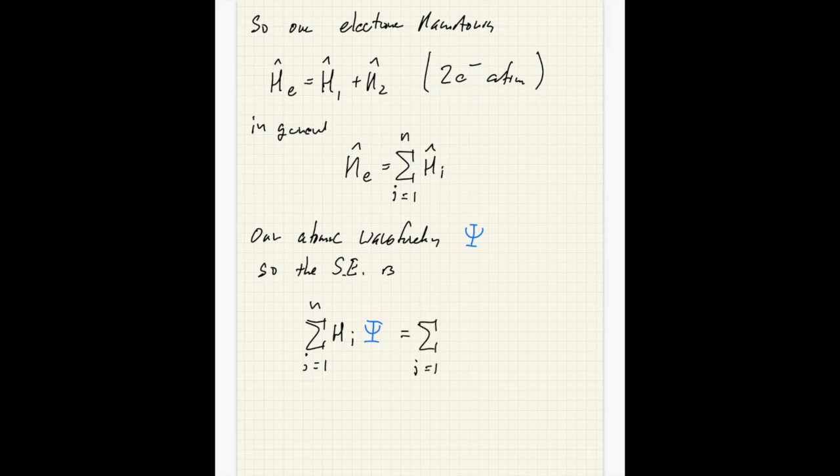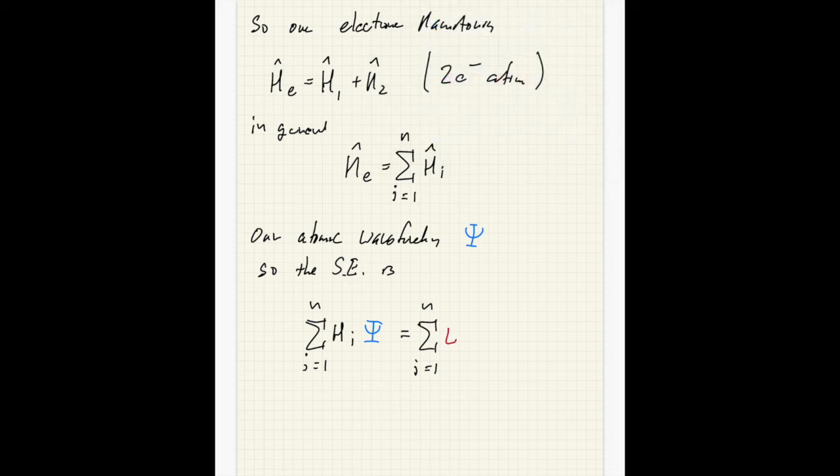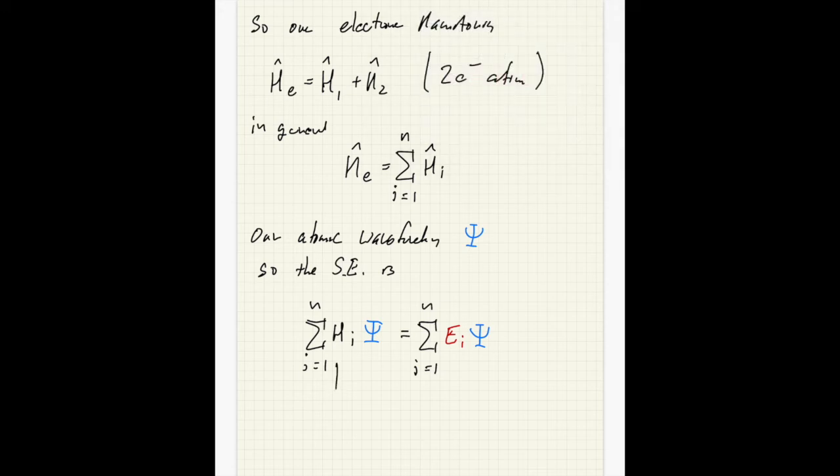So you can see that we get the exact same thing as we would for one electron, where we have the Hamiltonian operating on the electron wave function, giving us the energy of the electron times its wave function, as we do for an individual case, and all we're simply doing is summing these together.